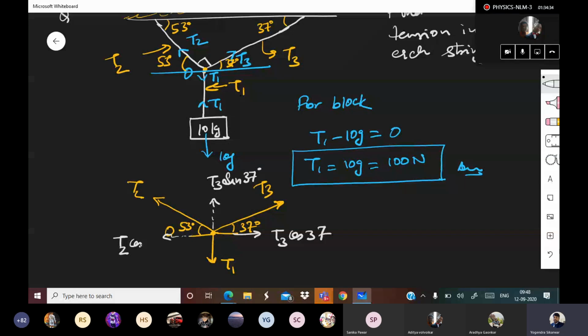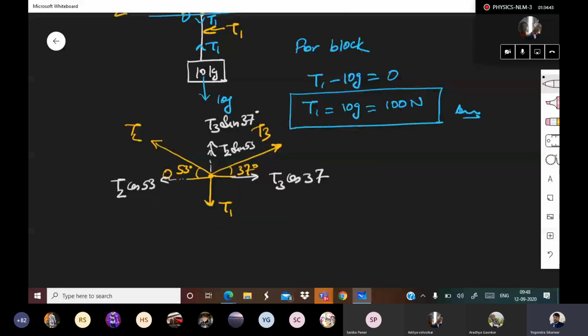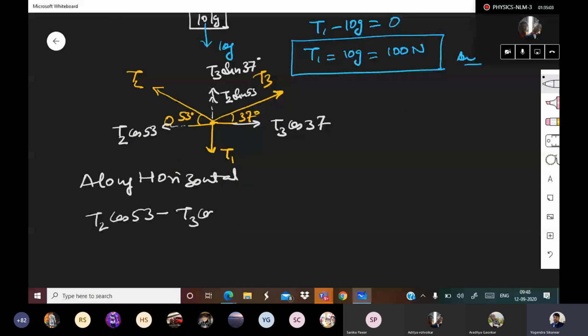So I have resolved T2 and T3 into components. Along horizontal, T2 cos 53 minus T3 cos 37 is equal to 0.